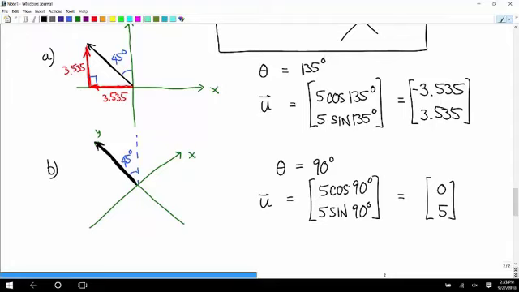And if instead that vector went along the negative y, it would be 0 for the x component, negative 5 for the y component. Okay, so any of these 4 axes, if you have a vector along x, along y, along negative x, along negative y, you can just go straight to writing that down.